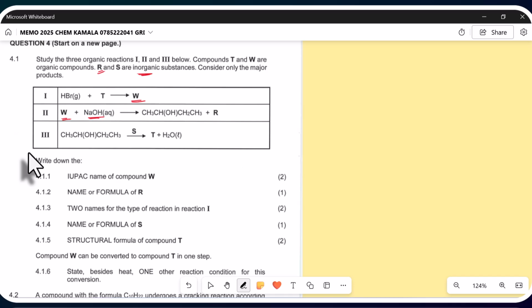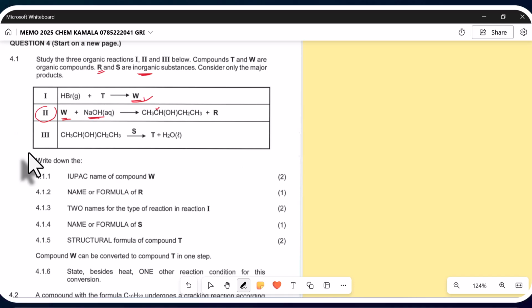And because we are adding HBr, you can also say it is hydrohalogenation, okay. That's what they want here.